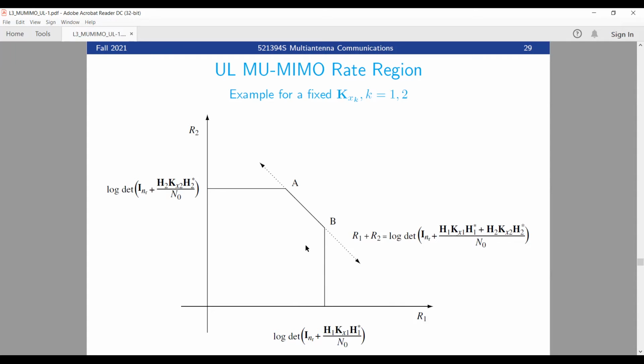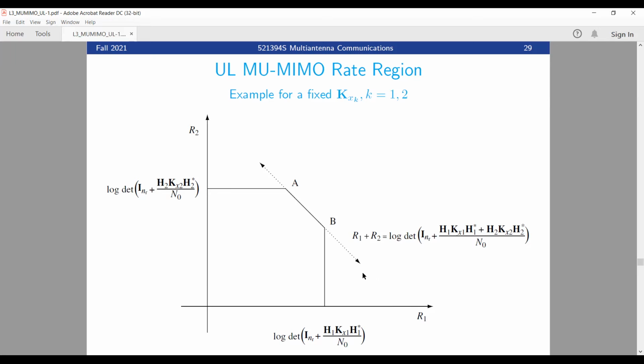Similarly, for the other rate constraint, the single user rate of user 2 is upper bounded by this quantity here. All the points below are feasible for user 2. But then we have the third constraint, which is the sum rate constraint. It's this line here. The sum rate R1 plus R2, in principle any combination of R1 and R2, is bounded by this quantity, right?